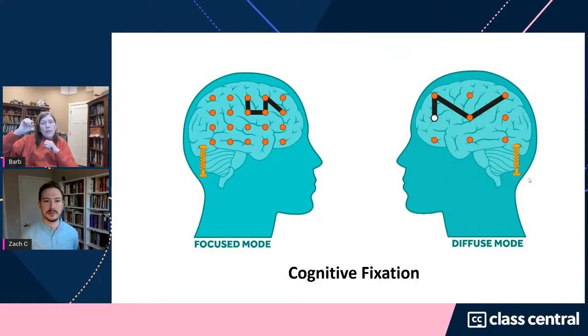We can't necessarily use this mode to solve the specific problem we needed to solve, but we can use it to get to the new perspective we needed to be in order to understand and solve that new problem.